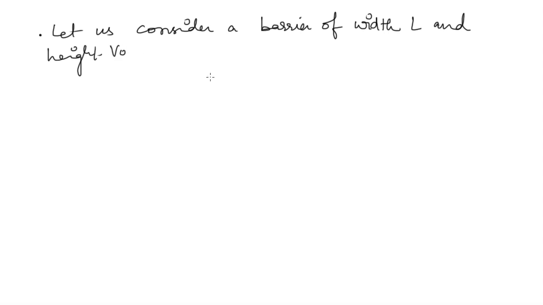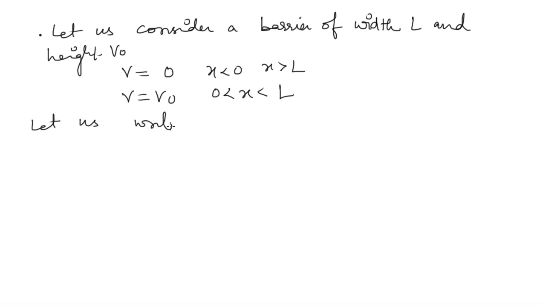We know that V is equal to 0 when x is less than 0 and also when x is greater than L, and V is equal to V naught when x is from 0 to L. Now let us write the Schrodinger equation in all the three regions.